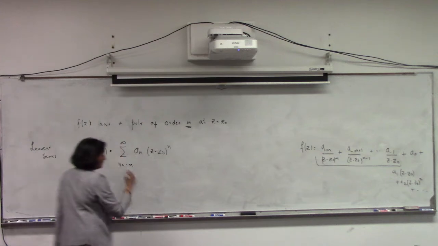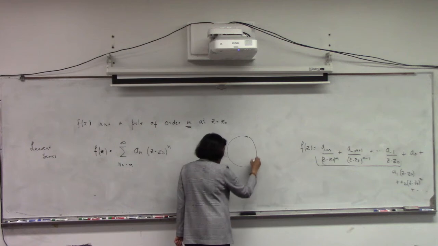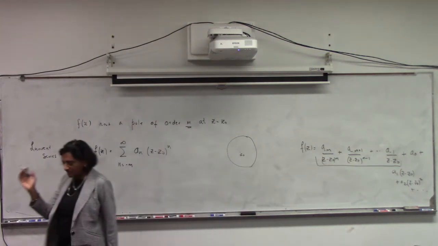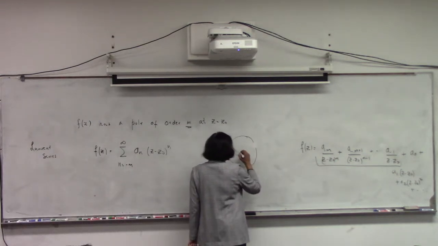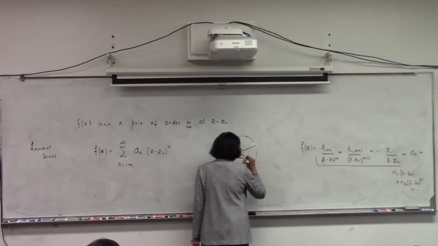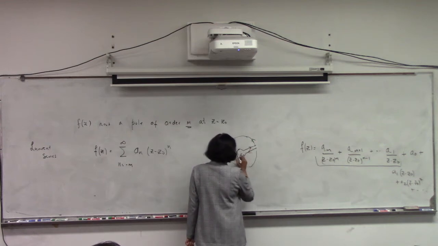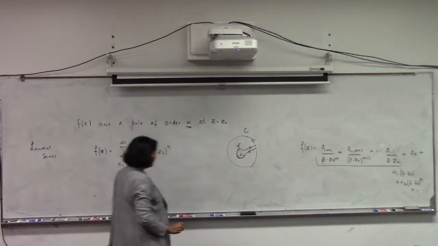And since we also did previously, we have a domain, and the function is exploding at z equal to z naught, but everywhere else it is analytic. So what we did was, I had to prove one result that came as a corollary to Cauchy's theorem. We call this C, and this small circle is gamma.